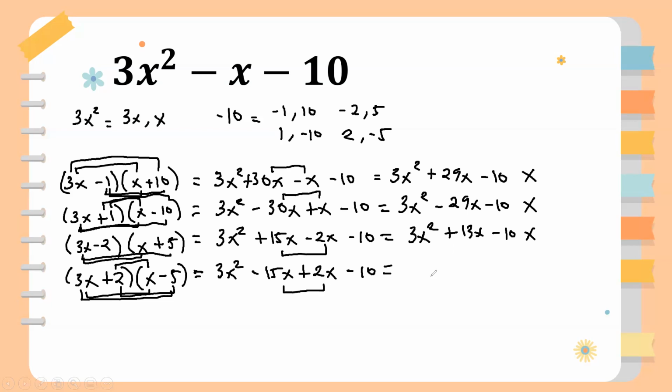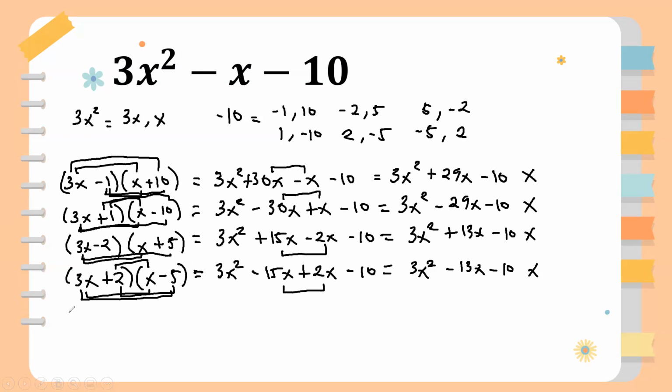Combine again the like terms, copy 3x squared, negative 15x plus 2x, that is equal to negative 13x minus 10. So, hindi ulit siya parehas. So, let's try naman. I-reverse natin itong value ng negative 2 and 5. Unahin natin si positive 5 and negative 2. Unahin naman natin si negative 5 and positive 2.